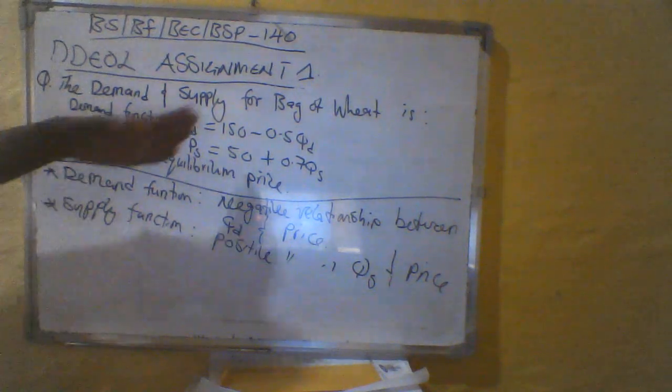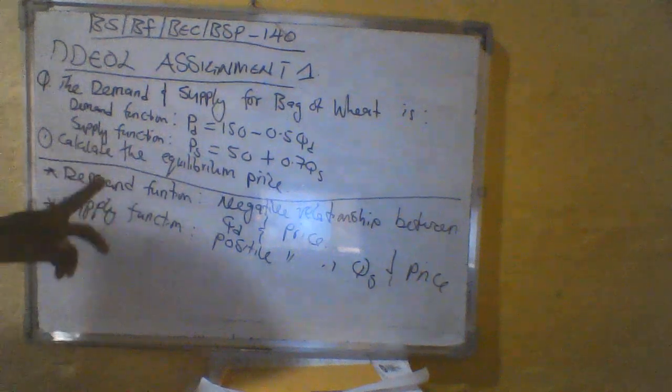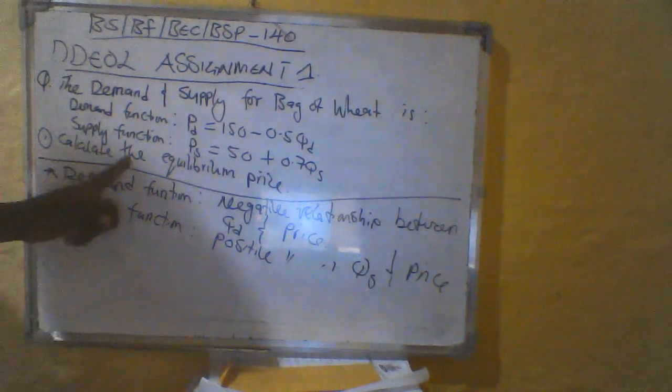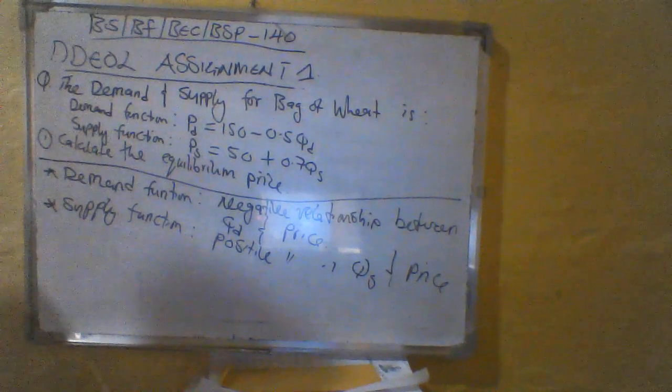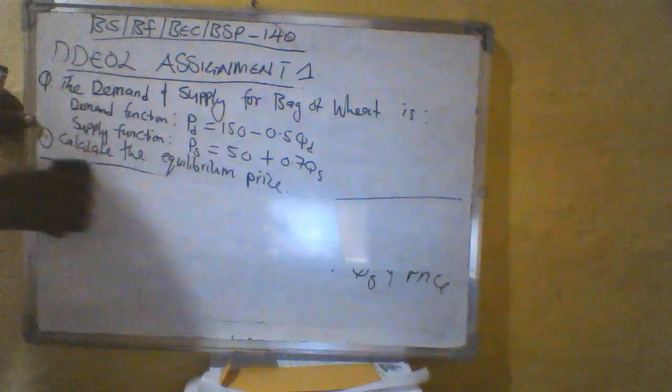So now in this question, what are we being told? We are told to calculate the equilibrium price. Before you even look at that, I want you to understand it in this manner.